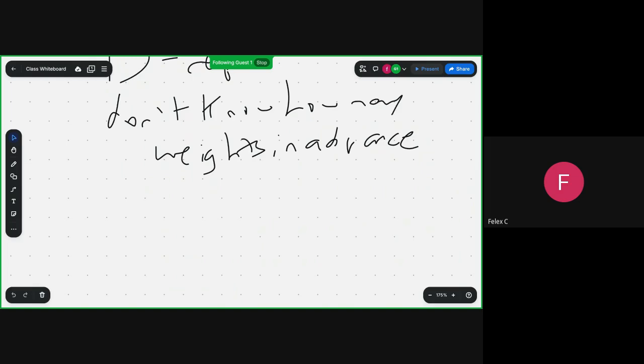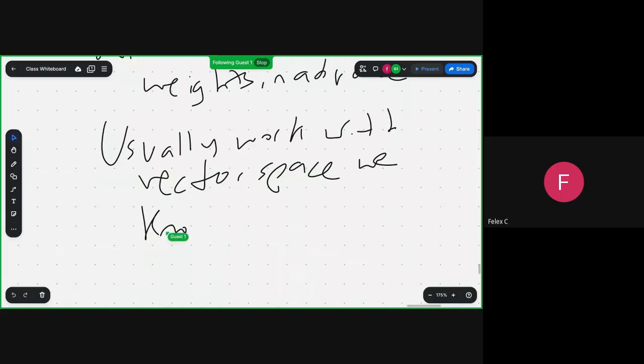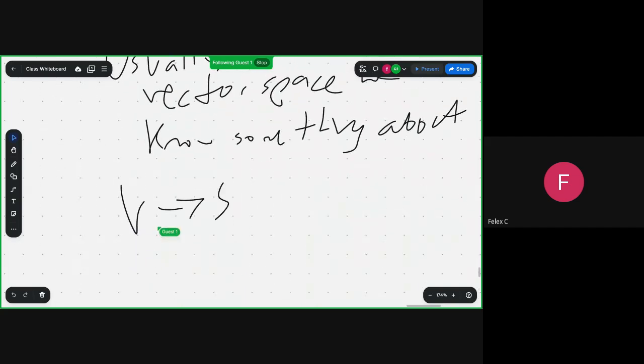Okay. So in vector space V, there could be 5 weights.